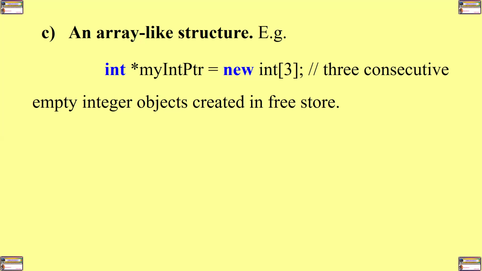And then these 3 consecutive empty integer objects, this array memory location that has been created, this statement here is declaring a pointer called my int pointer, which is of type integer.